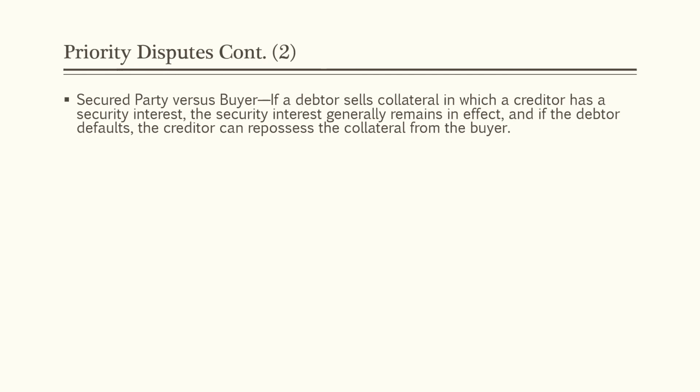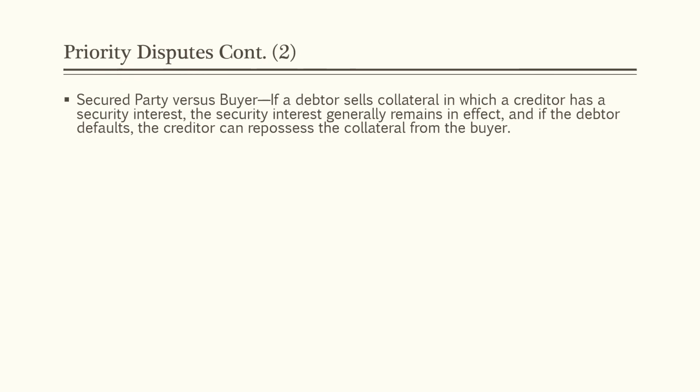That's the general rule. For example, Larry buys a laptop from Best Buy and finances the purchase with Best Buy. If Larry then sells the laptop to Bob, the security interest that was automatically created in favor of Best Buy is still effective. It travels with the laptop. If Larry then defaults on his loan, Best Buy could repossess the laptop even though it's in Bob's possession.